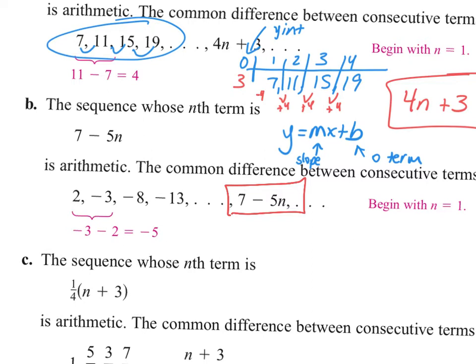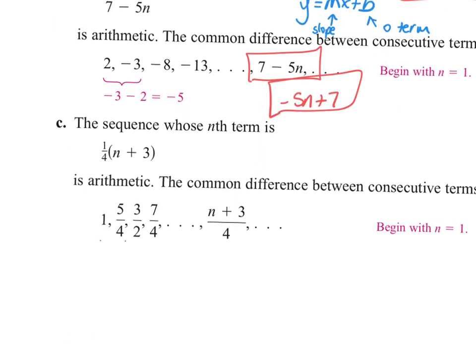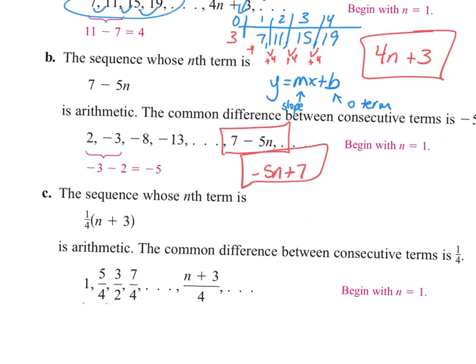So if you get negative 5n plus 7 as your rule, and you put it in and it doesn't work, just switch it, do 7 minus 5n and see if WebAssign will take it. I personally like it written as slope-intercept form, because that's what you guys are used to seeing. But I'm not going to mark it wrong if you have it written any other way. I'm just telling you WebAssign might see something a little differently. Everybody with me on that? You okay? Yeah. All right.